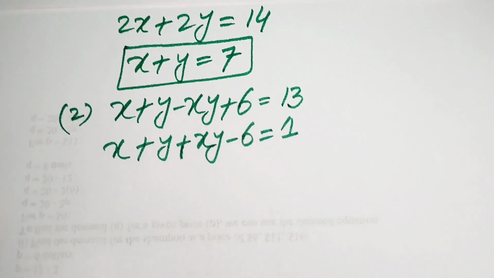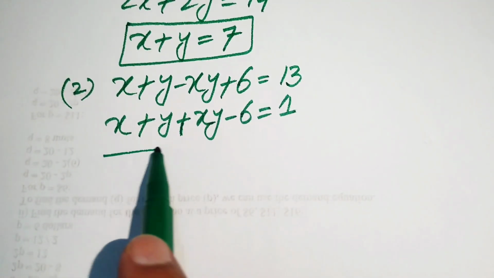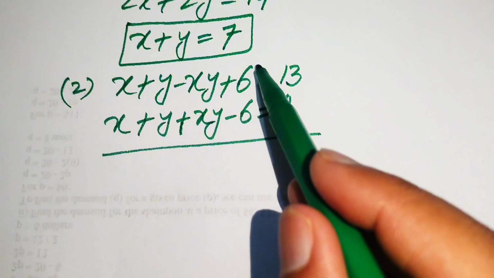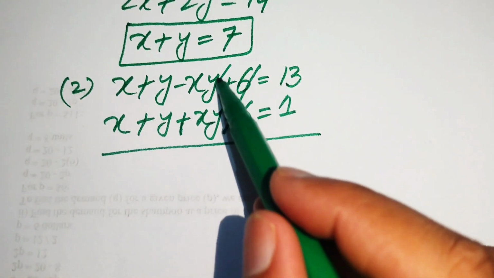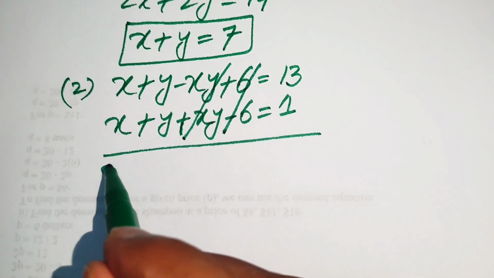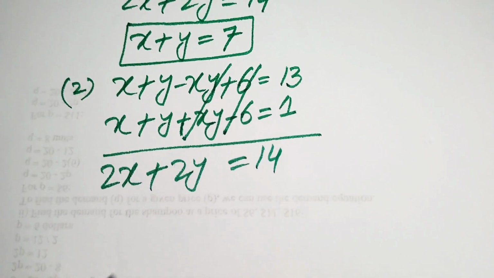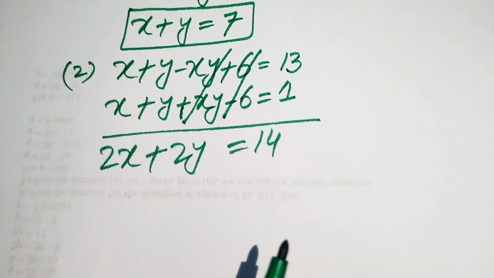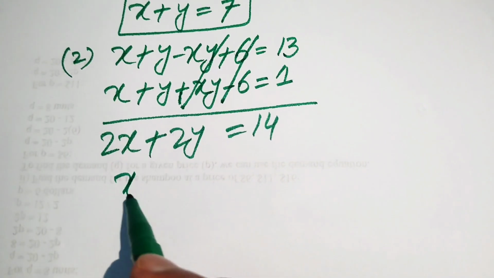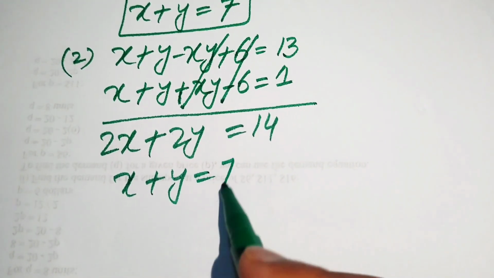Here we again add these two equations. The positive and negative terms are gone, and we get 2x plus 2y equals 14. We again divide both sides by 2 and you get x plus y is equal to 7.